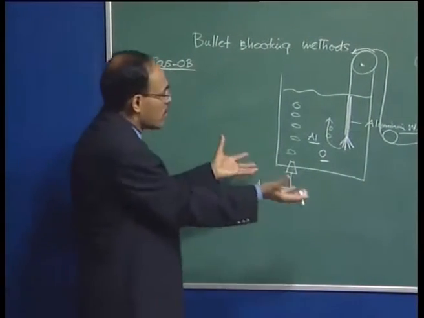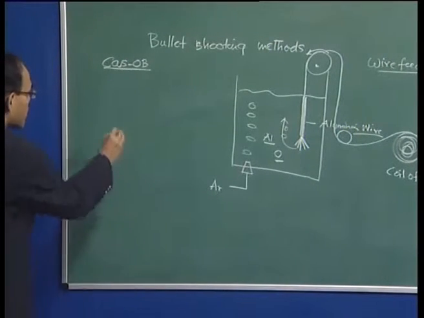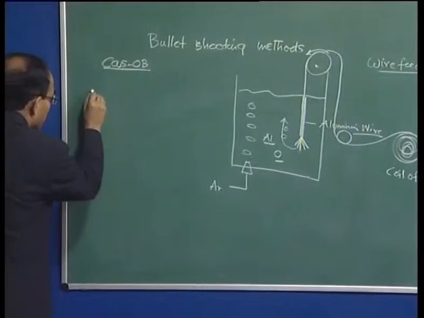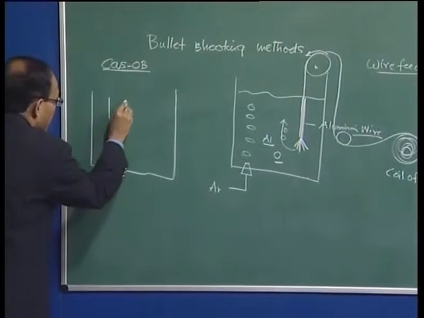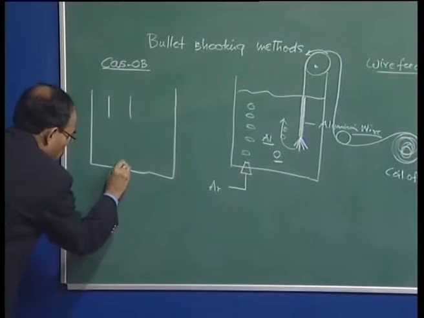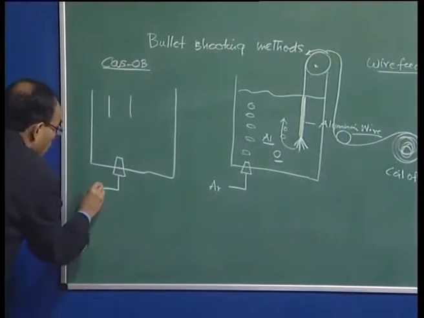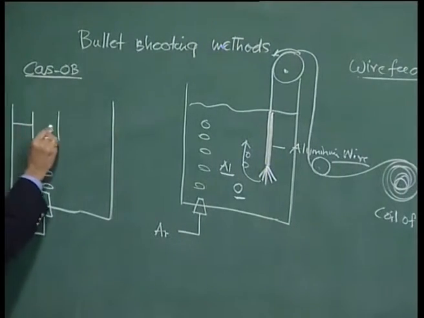So the material has been poured into the ladle from the furnace, and now, if you look at the process, it goes something like this. So we have a snorkel here, and we have the porous plug somewhere here. From the porous plug you have bubbles which are going out, and this is the melt here.